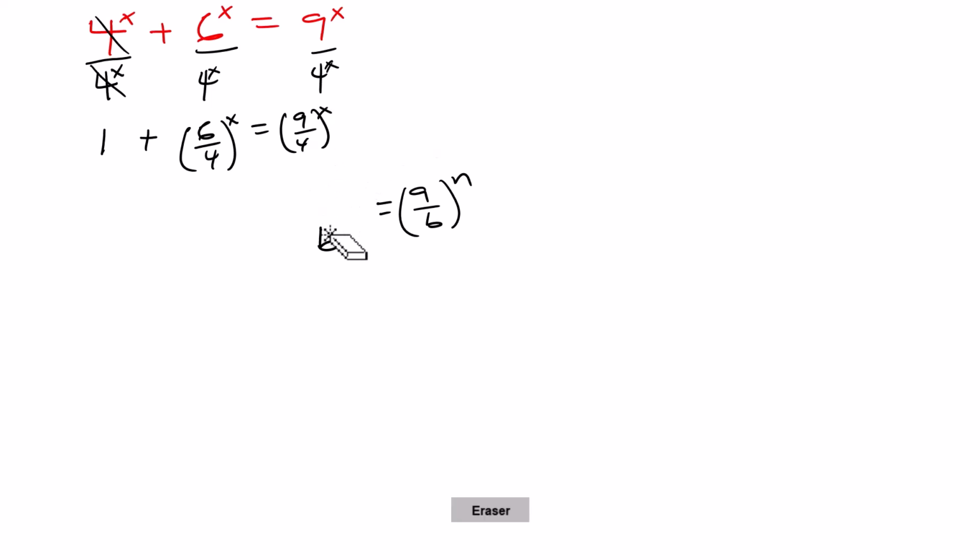Okay, so let's look at this. 6 and 4 are even numbers, so we can reduce it. So we have 1 plus, so 2 here, 3, 2 here, 2. Okay, so can we do the same to this?